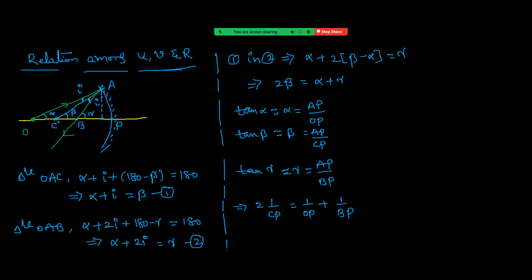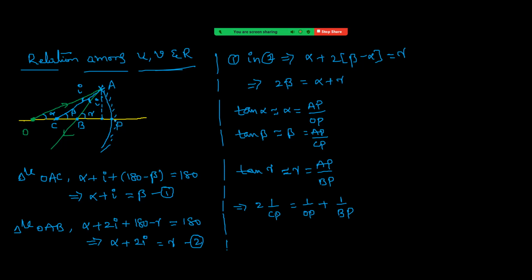So CP value is R. Next, OP value. What is OP? Distance of the object from pole. BP, this is now the image distance. BP stands for distance of image from the pole.